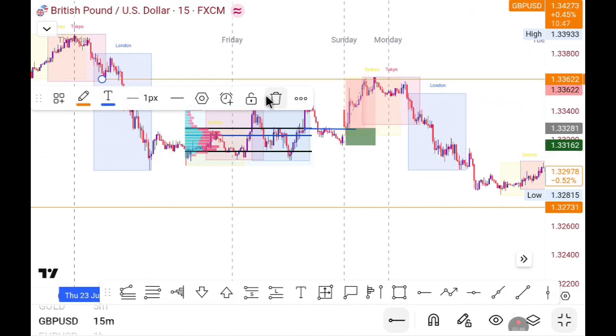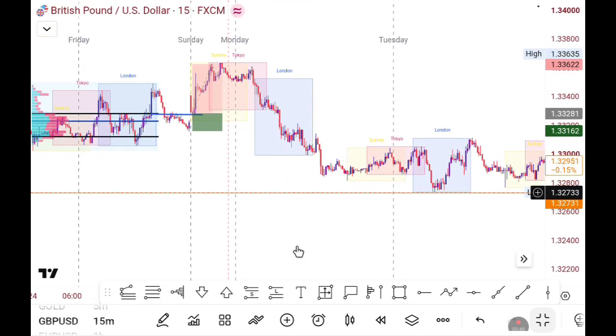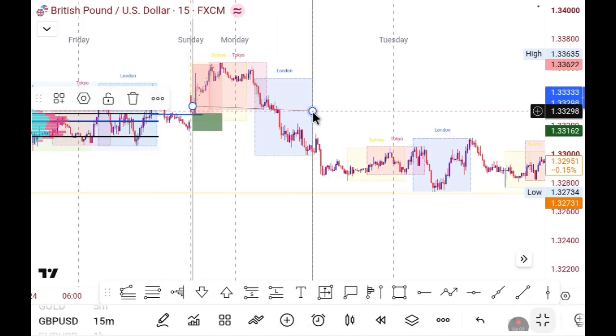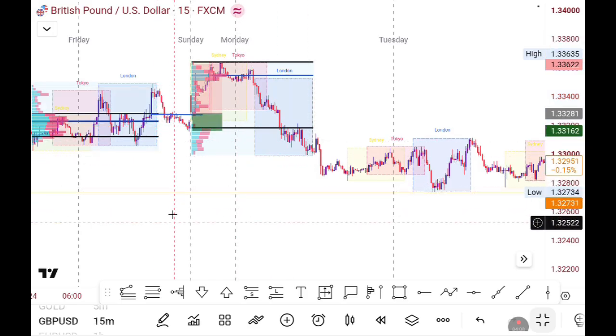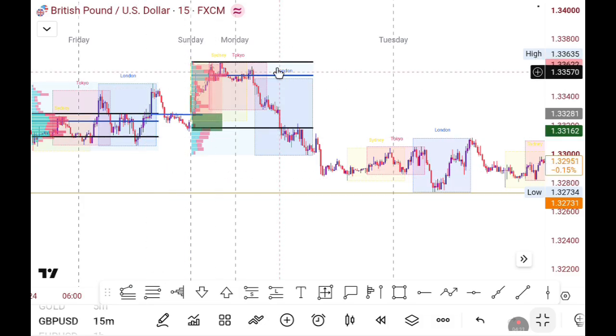Once the Monday Asian and London sessions were completed, we needed another entry. So mark your support and resistance. As you can see, they are different. Not all the time are they this close; sometimes we have a long distance.